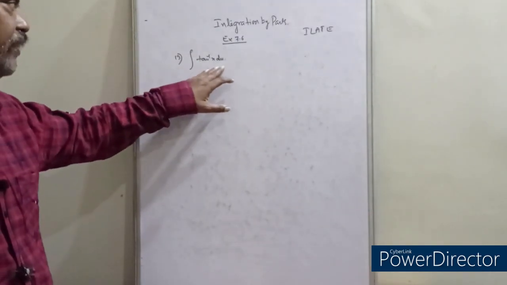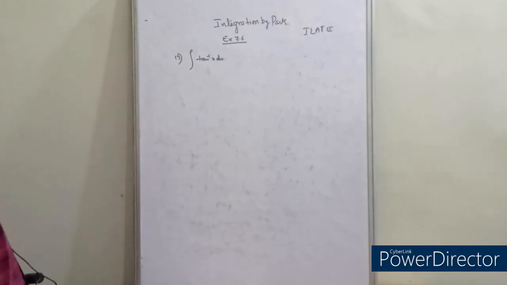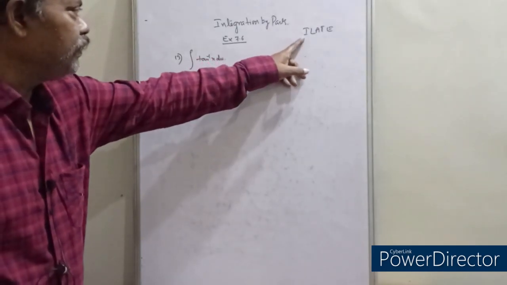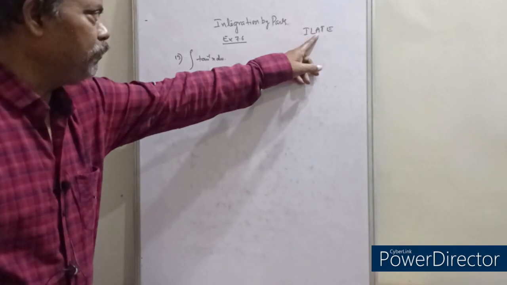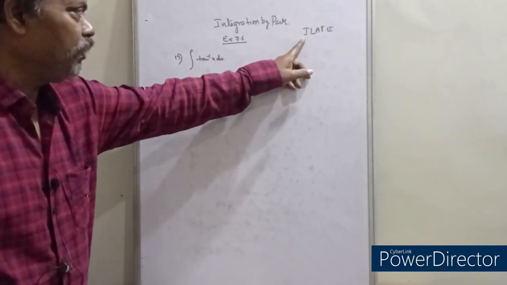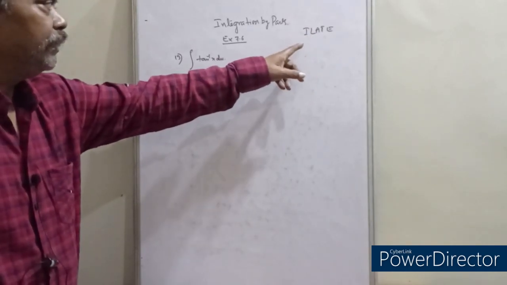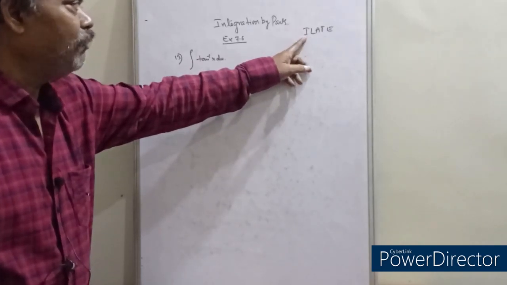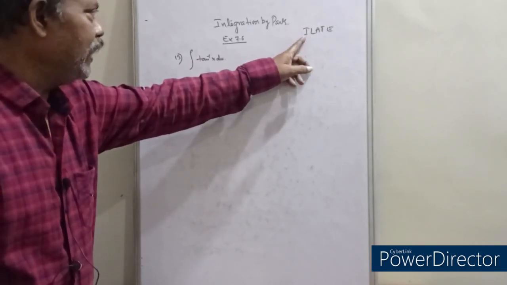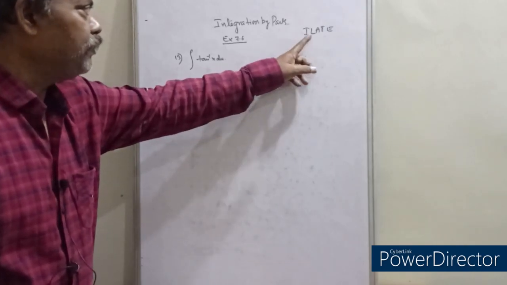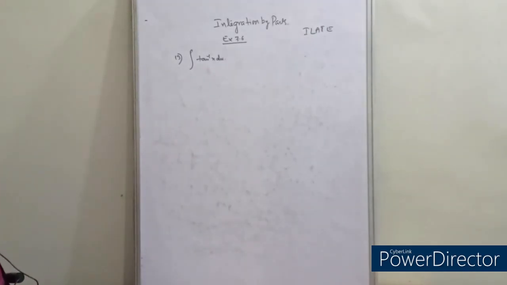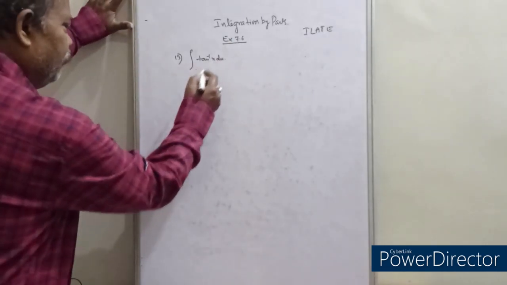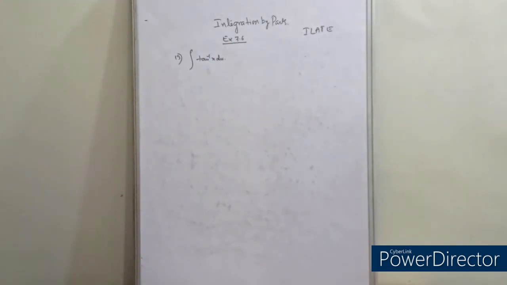I am considering dx as algebra. So inverse, this is the first one. Inverse comes before algebra, since I comes before A, so inverse will be the first function, and we will treat dx as algebra.